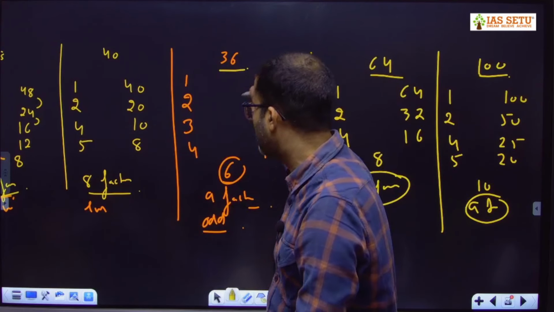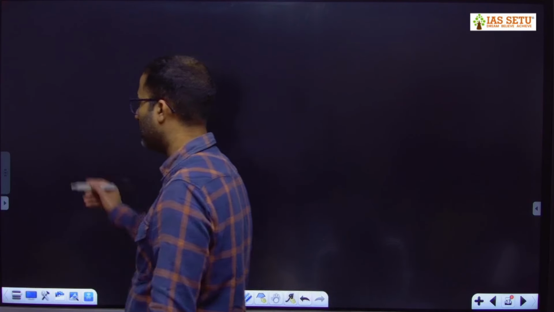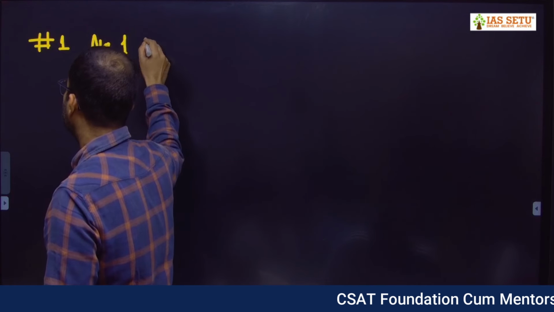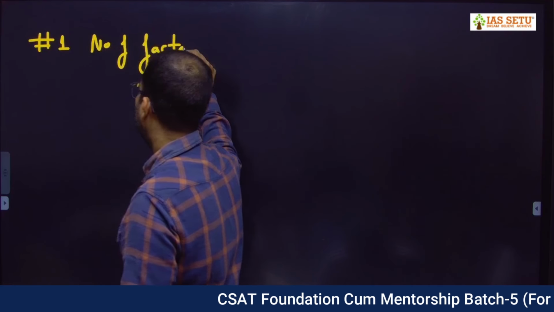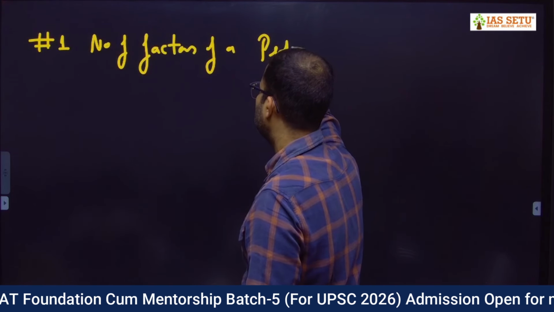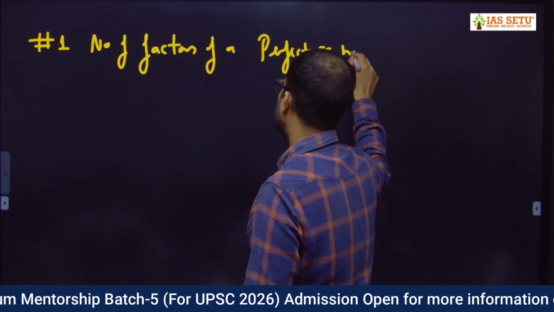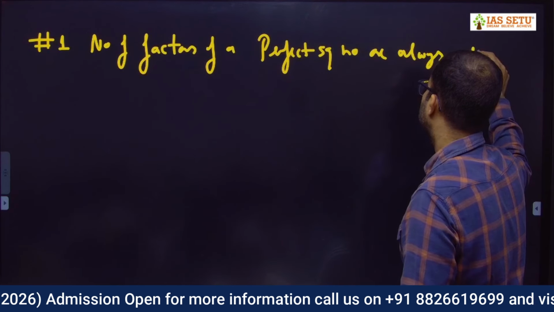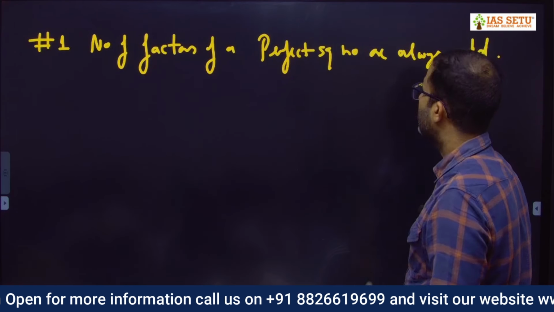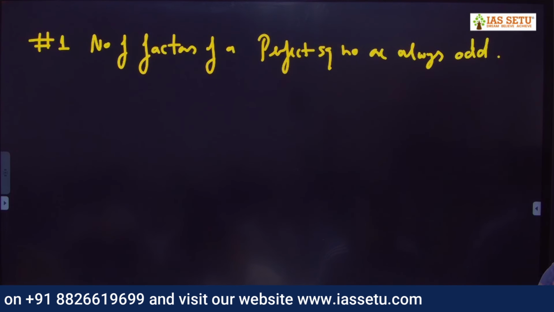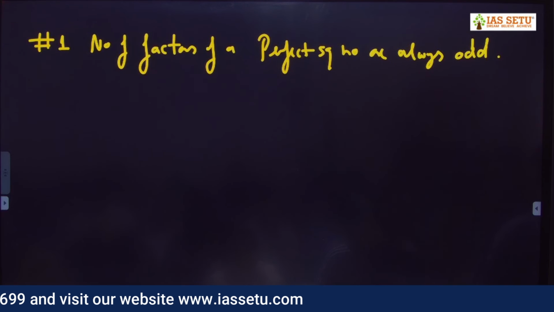So you write observation number 1. Number of factors of a perfect square number are always odd.